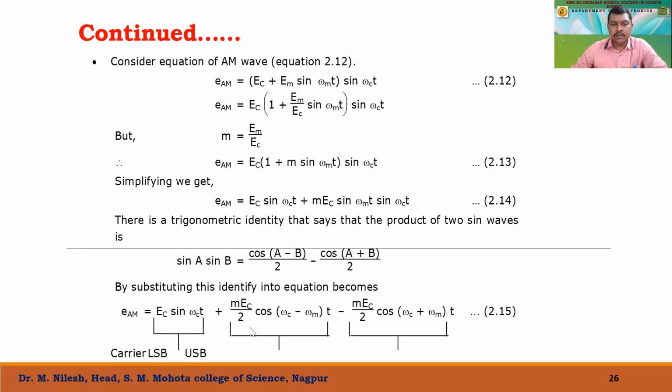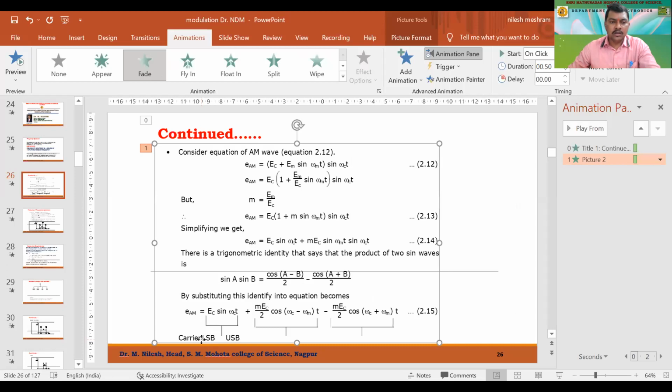Then we will be having m Ec by 2 cos (omega_c minus omega_m) t minus m Ec by 2 cos (omega_c plus omega_m) t, right? So these are three waves, three equations actually.